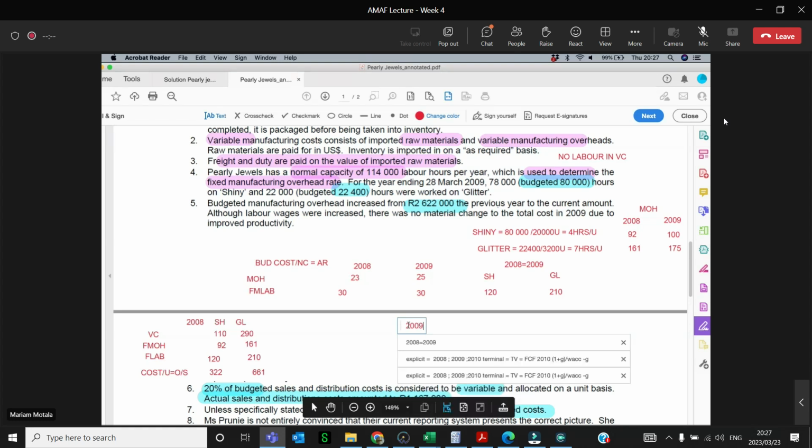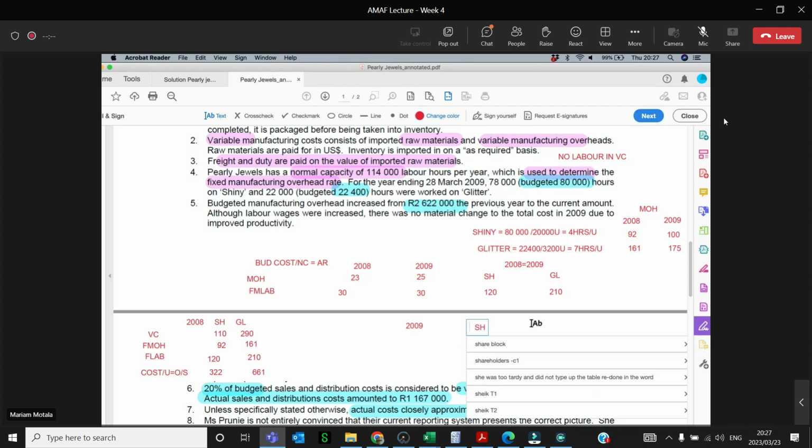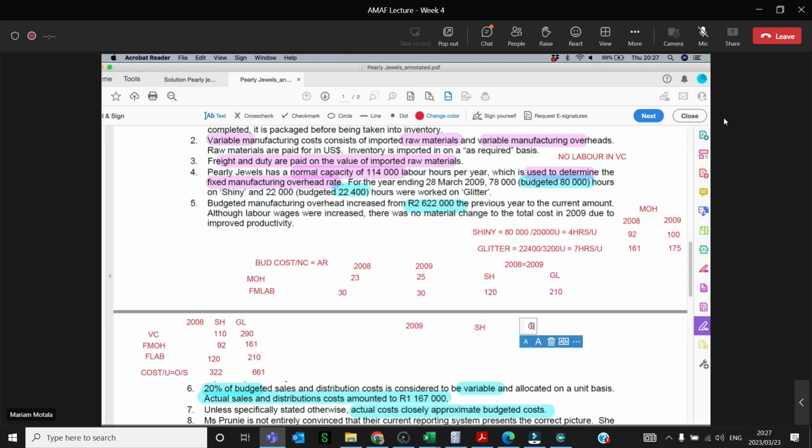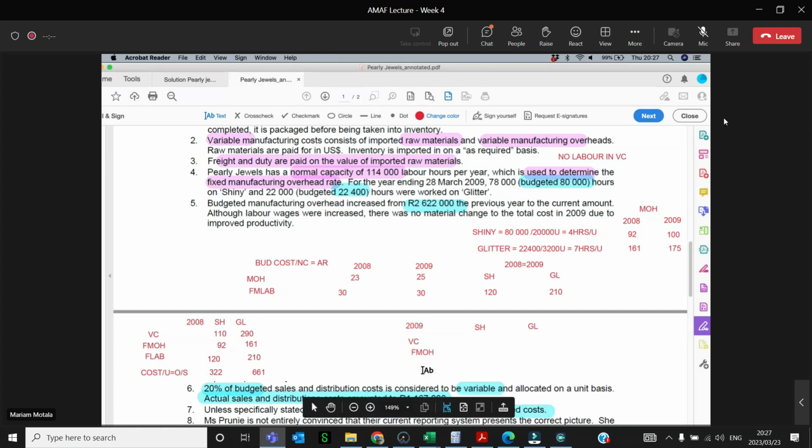I'm going to give you 2 minutes to come up with a value for 2009. Since we've done these values, I'm just going to transcribe them for you, and you give me a value there.